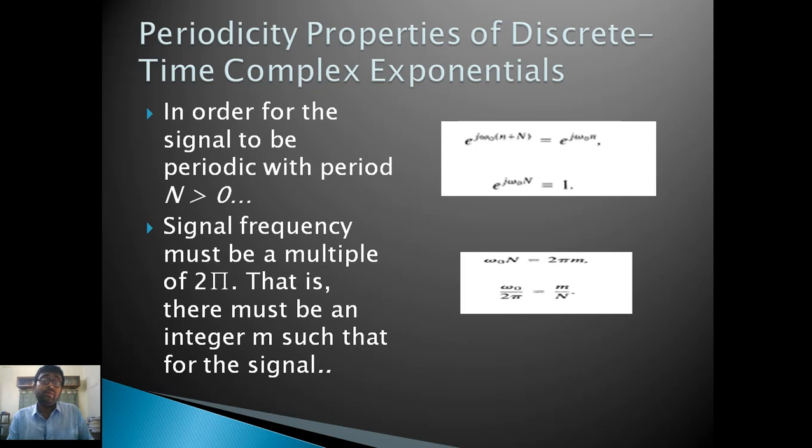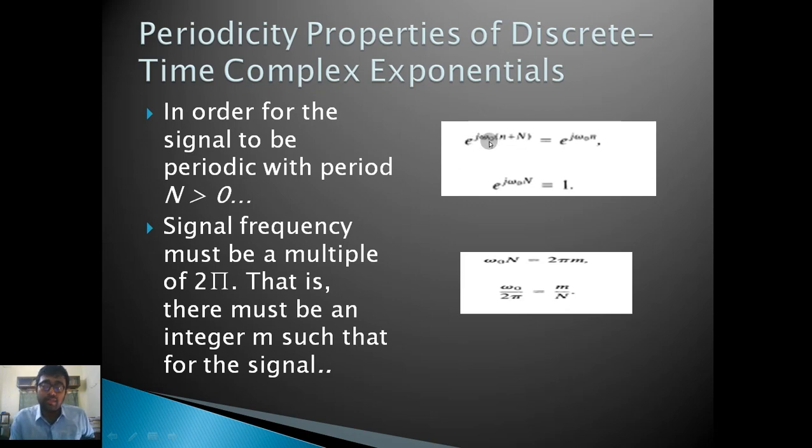Now there is a very important fact that I have to describe. Take a closer look here: the periodicity properties of discrete time complex exponential signals. In order for the signal to be periodic with n equal to 0, we have this. If you look closely, the same thing will happen for e to the power j omega 0.